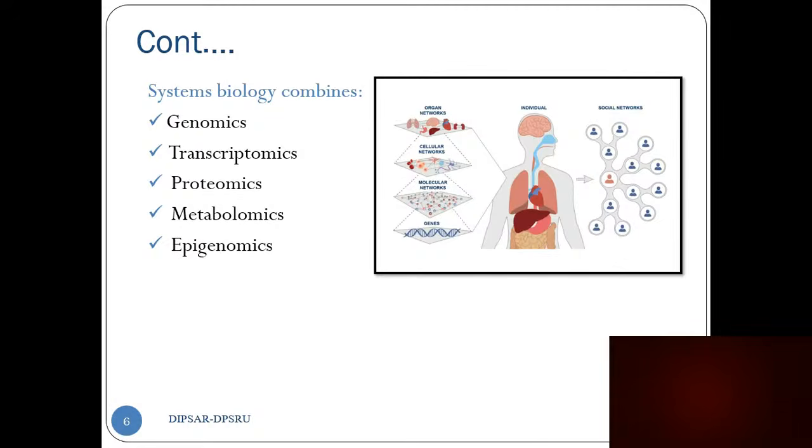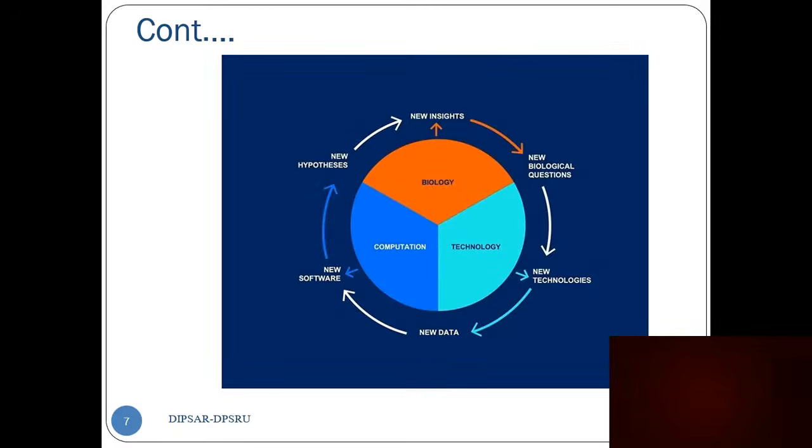You should have computer servers with a large capacity to store your data. That's why we call it big data analytics. You might have heard of the Translational Health Science and Technology Institute at Faridabad, which is also dealing with big data analytics.